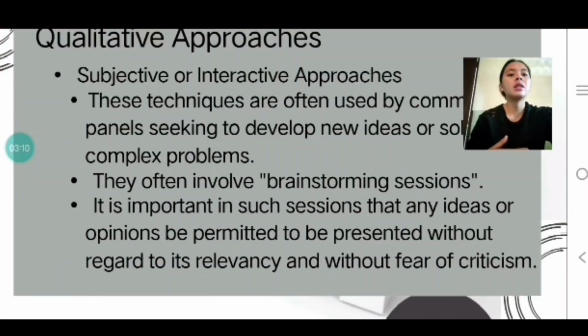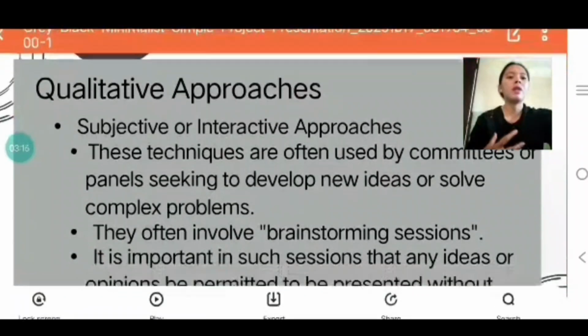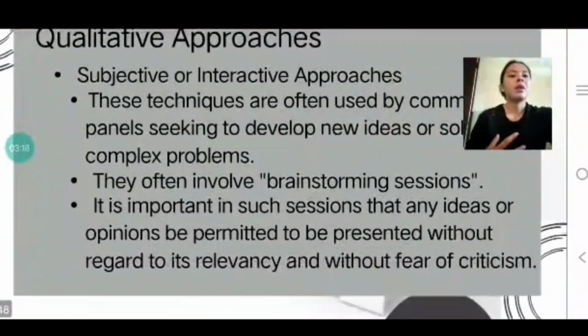These techniques are often used by committees or panels seeking to develop sa ilang mga new ideas or to solve their complex problems.